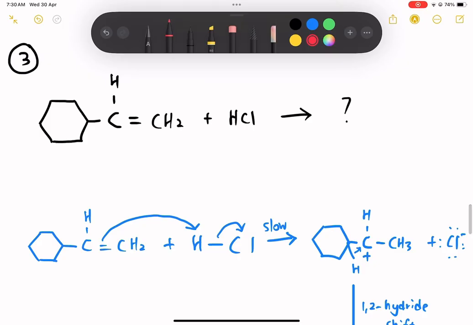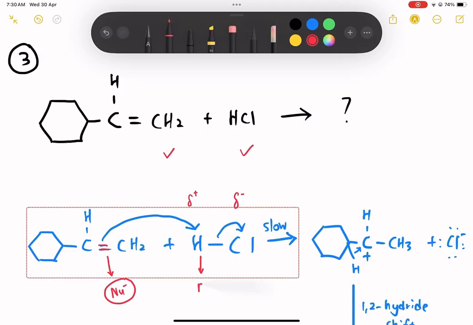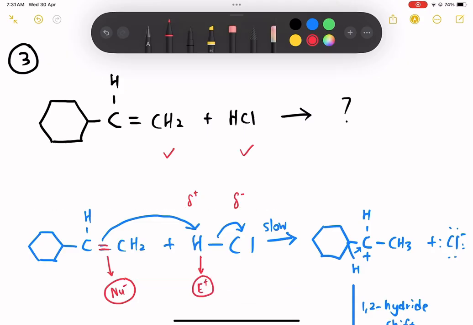Lastly, let us look at this example where we have this compound react with HCl. Again, first HCl, this is a partially negative and this one is a partially positive. And since there is a double bond, this means that this is a nucleophile because it is electron rich. And for this one, it is going to be the electrophile because it is electron poor.